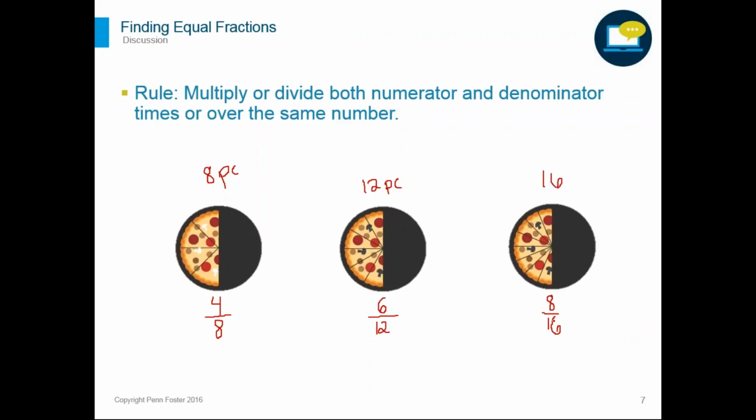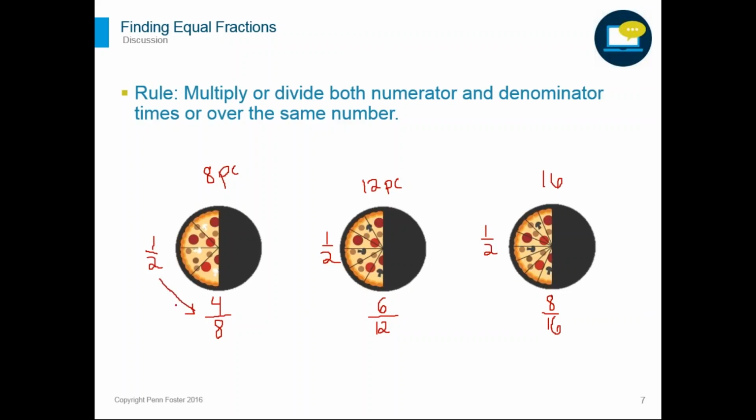Something I notice in common between these 3 figures is that each of the pizzas also represents a half of the pizza. So this pizza is actually half of the whole pizza, and this too is half, and this too is half. That tells me that 4 over 8 is actually a half.